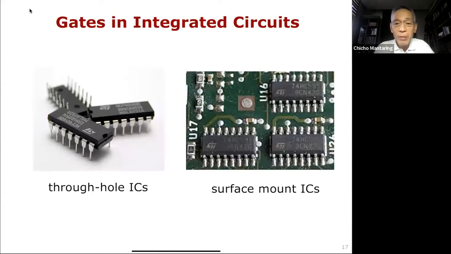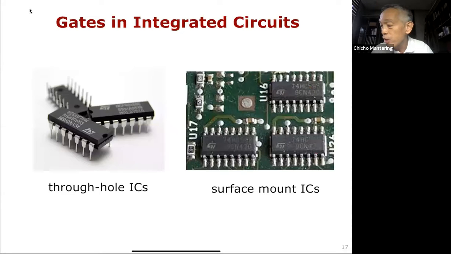Okay, so gates are usually already packaged in integrated circuits. These are through-hole integrated circuits. These are no longer used in industry or in actual products. Usually these through-hole parts are just used by students when they do experimentation. Usually your integrated circuits are surface mount circuits, where the integrated circuit is mounted on a surface and soldered on that surface.